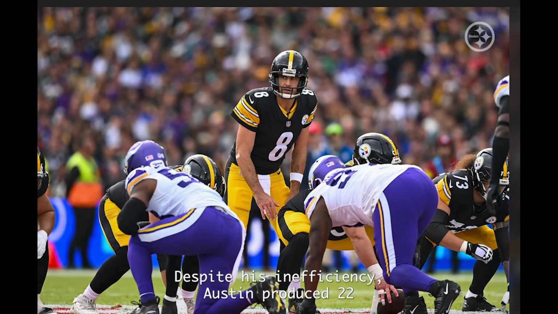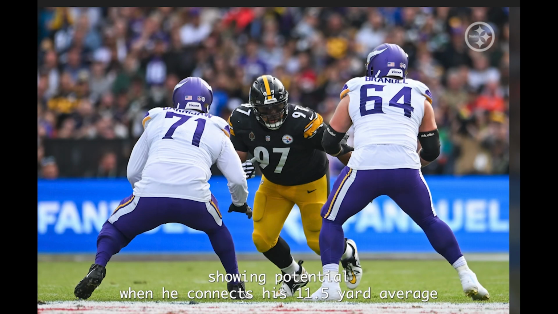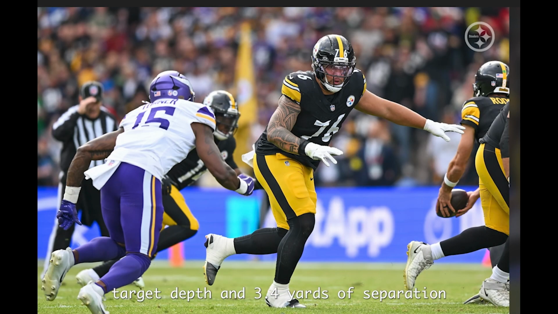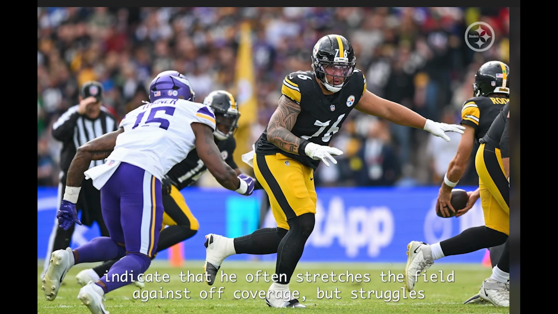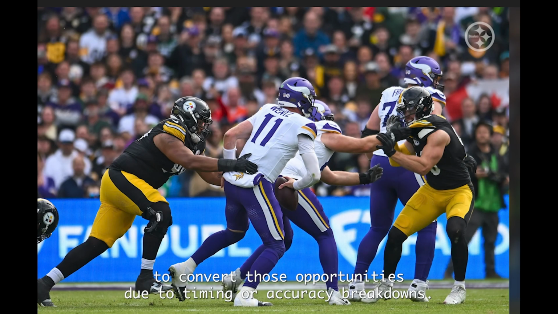Despite his inefficiency, Austin produced 22 YAC with plus 11 YACOE, showing potential when he connects. His 11.5-yard average target depth and 3.4 yards of separation indicate that he often stretches the field against off coverage, but struggles to convert those opportunities due to timing or accuracy breakdowns.